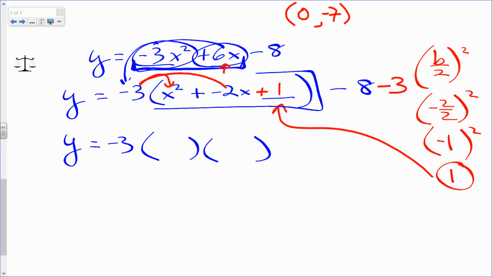This trinomial is factorable here, which will be two numbers that multiply to become positive 1 but become negative 2 if I add them. Negative 1. x minus 1 times x minus 1. Negative 1 times negative 1 is positive 1. Outside and inside become negative 2x. So I got a negative 3 minus 8 minus 3 is going to be a negative 11.